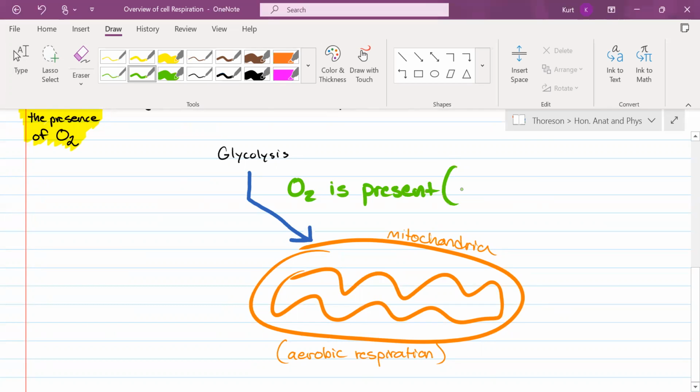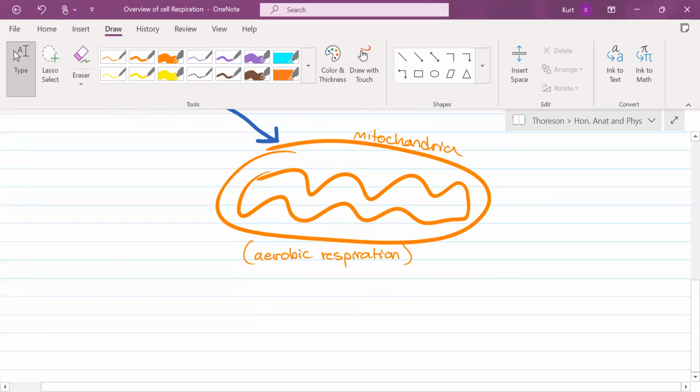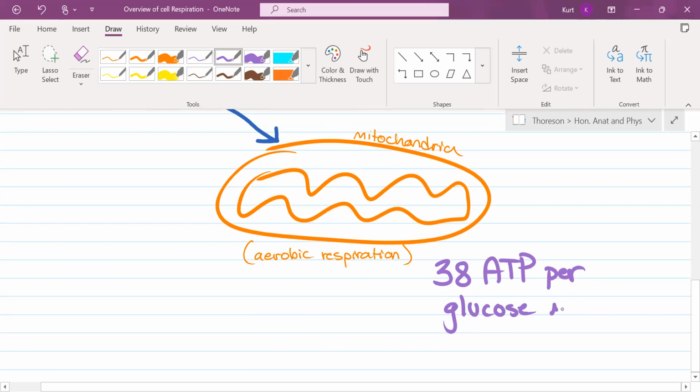This means that conditions are aerobic, and you'll go through all the stages of cell respiration, Krebs cycle, electron transport chain, and you will make, drum roll please, 38 ATP per glucose molecule. That's a lot of ATP compared to what you can make the other way.